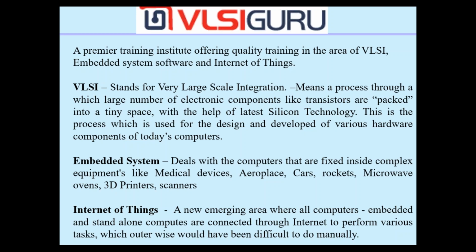The computer which goes inside a medical device or an aircraft or a microwave oven is called an embedded computer. Whereas the computers you see, laptop, servers, desktop, are not embedded. They are outside the world. So when a computer itself becomes a component of some other larger system, we call it an embedded computer.